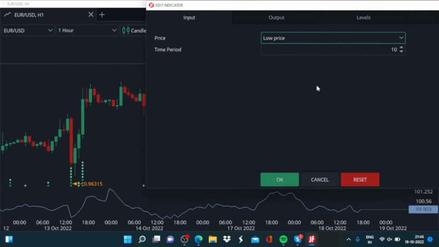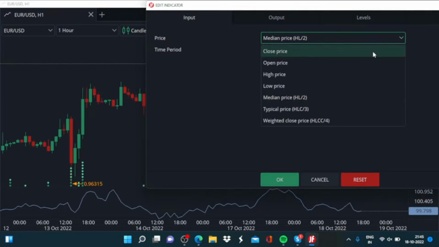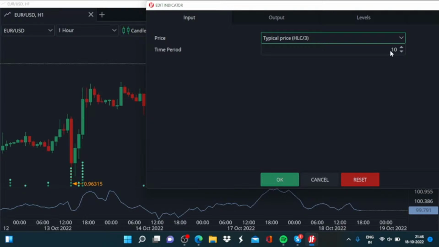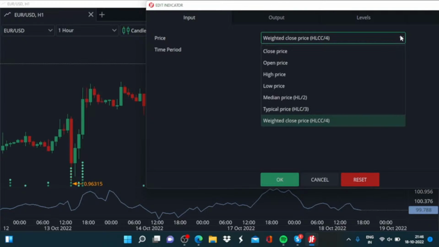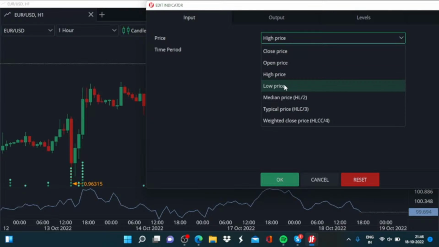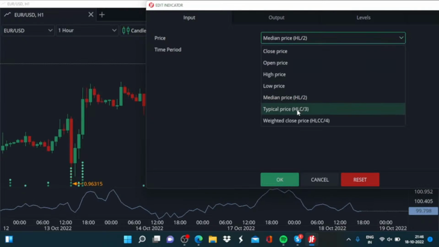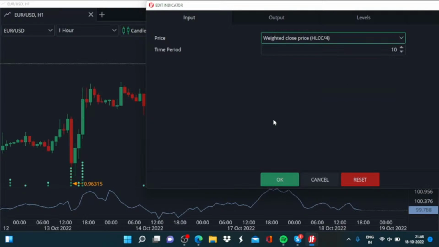Now low price, we will get a different output value. When we use median price, we will have a different output. When we use typical price, the output is going to be a bit different, but the broader trend is going to be the same. It is not going to be much different. So whatever your applied price is, it is going to have an impact on the kind of output you get. Typical price, weighted close price.